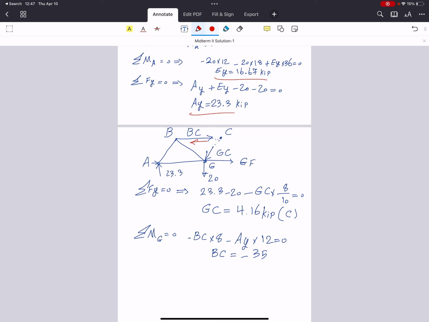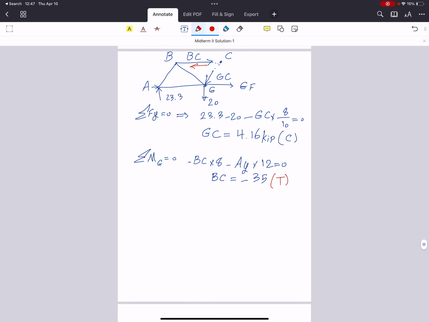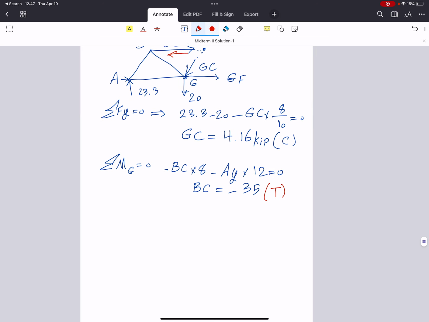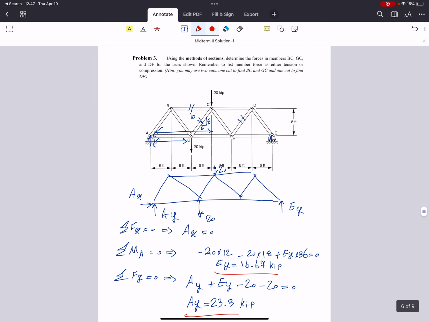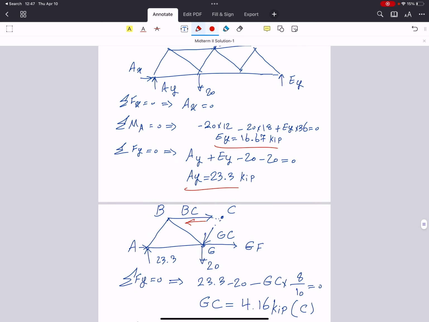So it means it's going to be tensile. So this will be tensile. So we can use another cut for this one. So we use one cut here, one cut there.